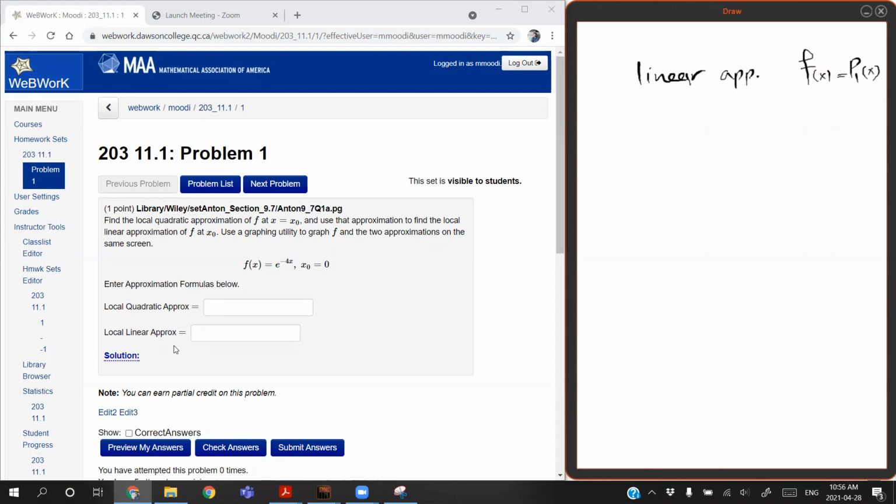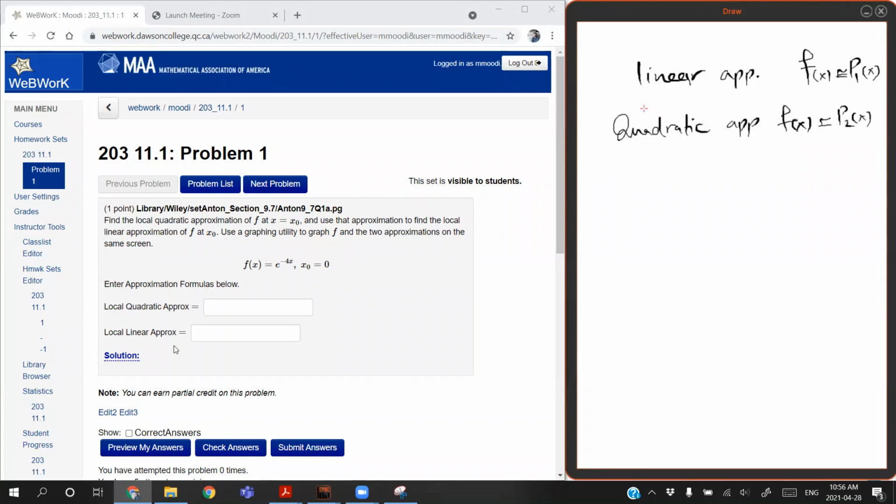And whenever you see quadratic approximation, that means, I have to say, actually not exactly equal, but almost equal, you're trying to approximate f of x using the second order polynomial.